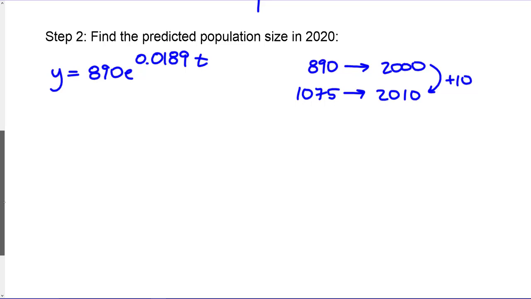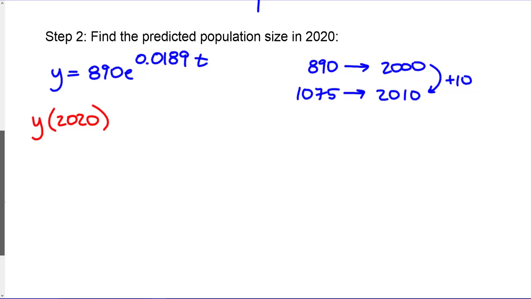So I guess what I'm saying is, what I'm not going to do, and I'll do this in red because I'm going to erase it, it's wrong, is try and do y of 2020 and plug 2020 in for t. Because that would be 2020 years past the year 2000. So I would be looking at the year 4020.